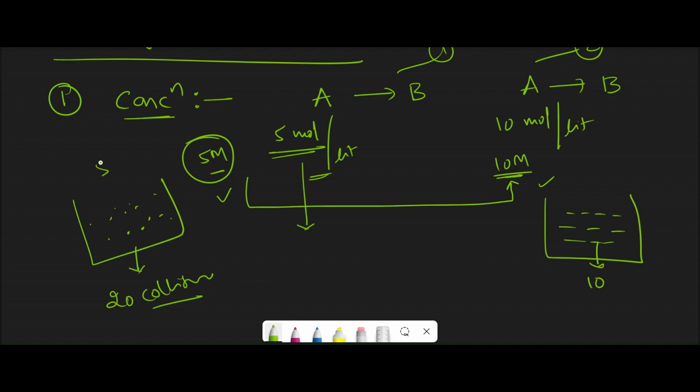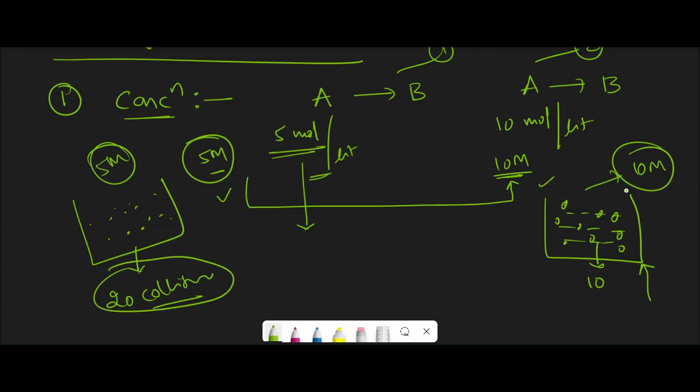Upon increasing the concentration, obviously the number of collisions between the particles will increase. Imagine 20 collisions in 5 molarity; in 10 molarity the number of collisions will obviously increase.